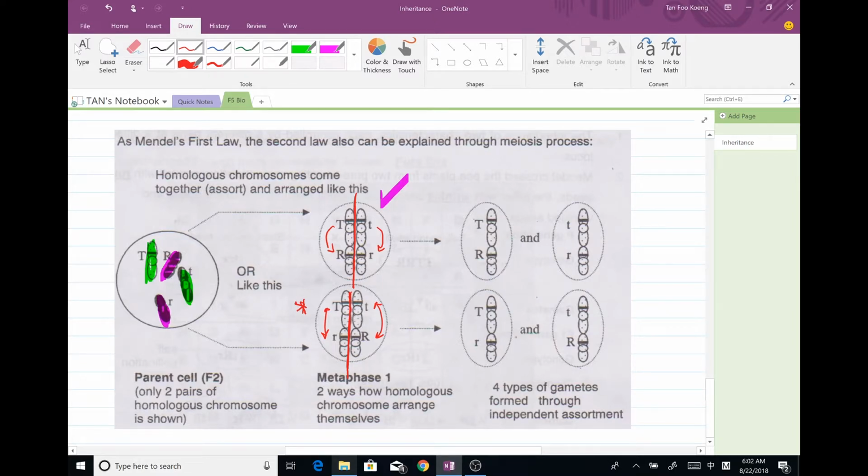So this is explained by Mendel's second law, known as the law of independent assortment, because they can pair freely and randomly with another allele. Okay, thank you.